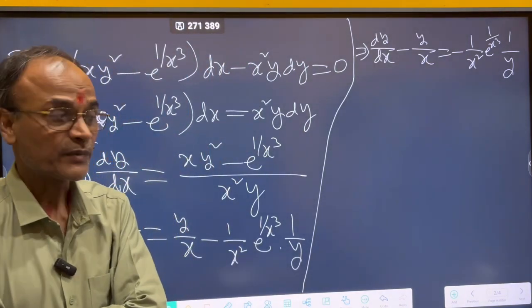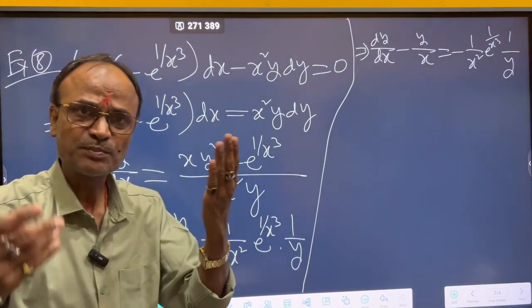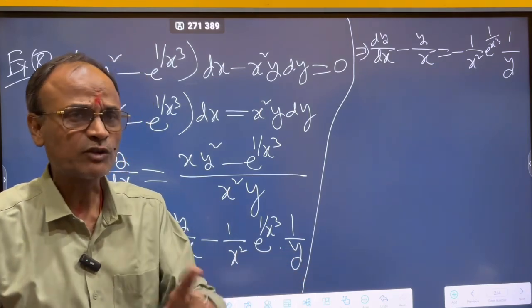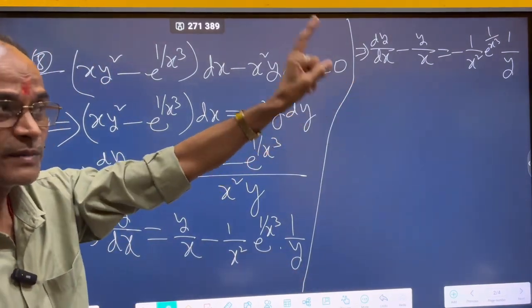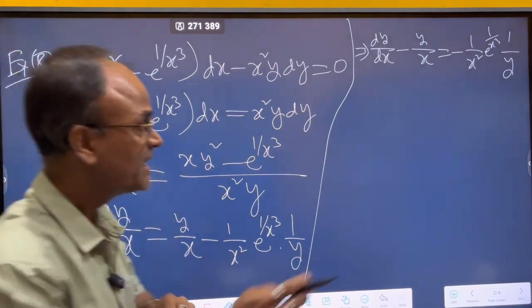It is of the form dy by dx plus py equal to q into y to the power n. Here n is minus 1, since 1 by y means y to the power minus 1.